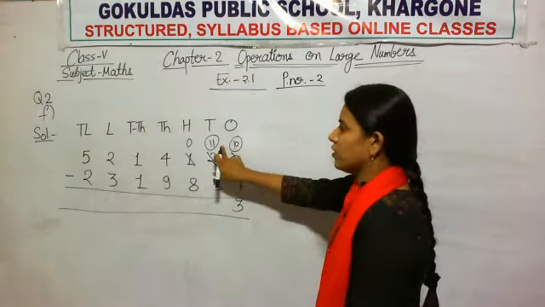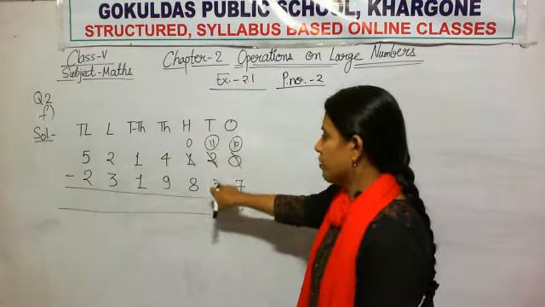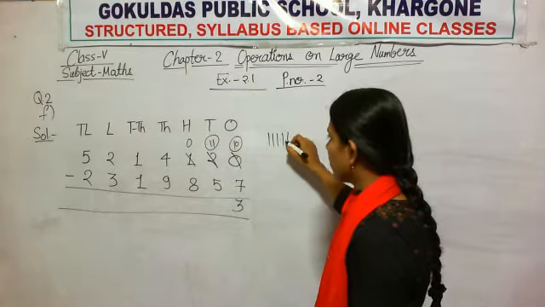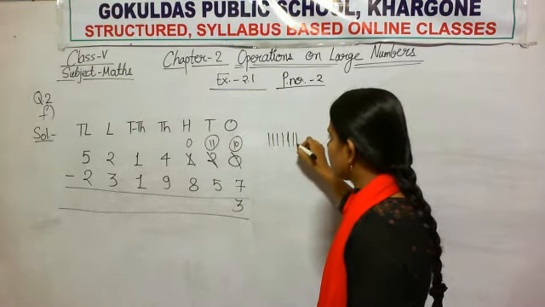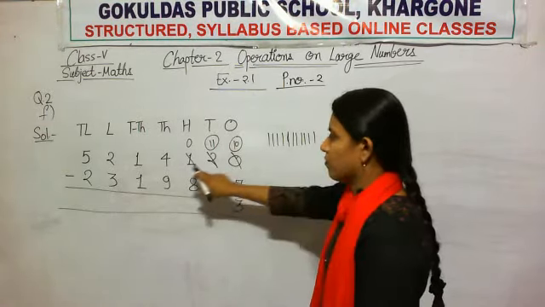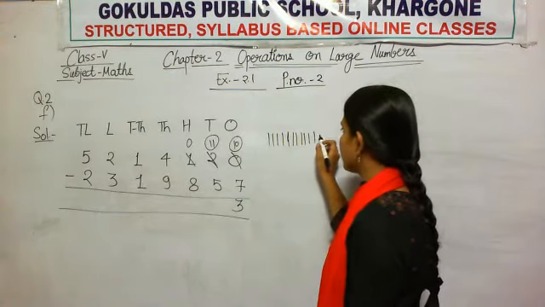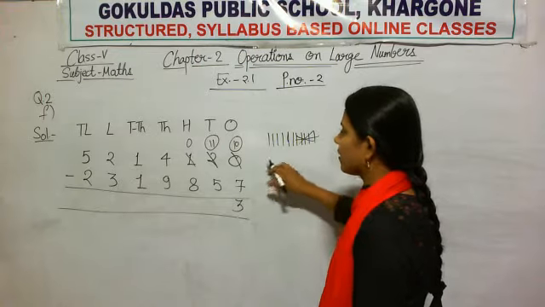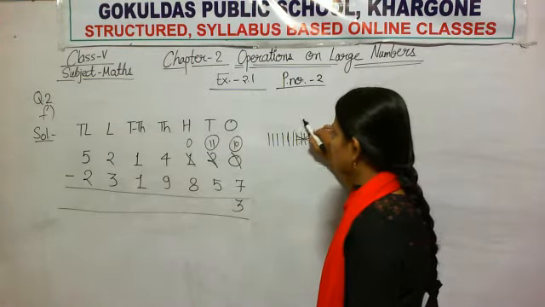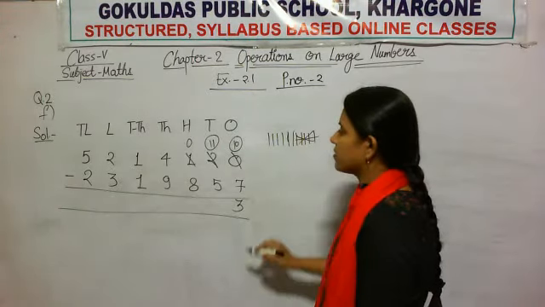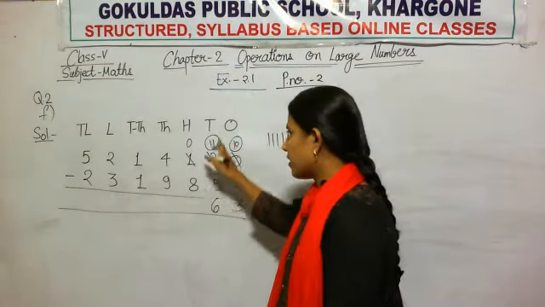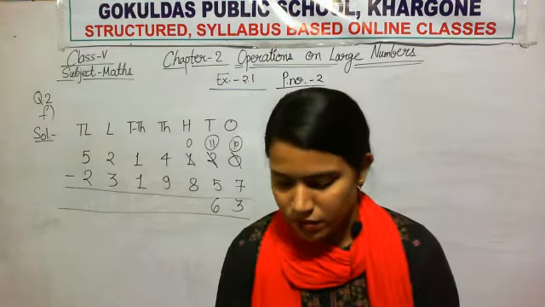If you have confusion, you want to remove 5 from the 11, so draw 11 sticks. 1, 2, 3, 4, 5, 6, 7, 8, 9, 10, 11. Minus 5. So 5 sticks removed. 1, 2, 3, 4, 5. Remove these 5 sticks and count the sticks which are left. 1, 2, 3, 4, 5, 6. 6 sticks are left. So you will write 6 in the 10's column. Okay.